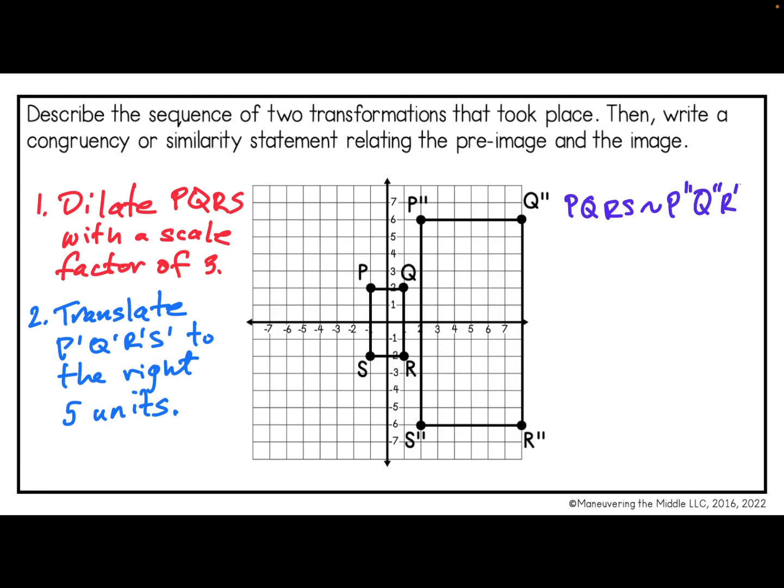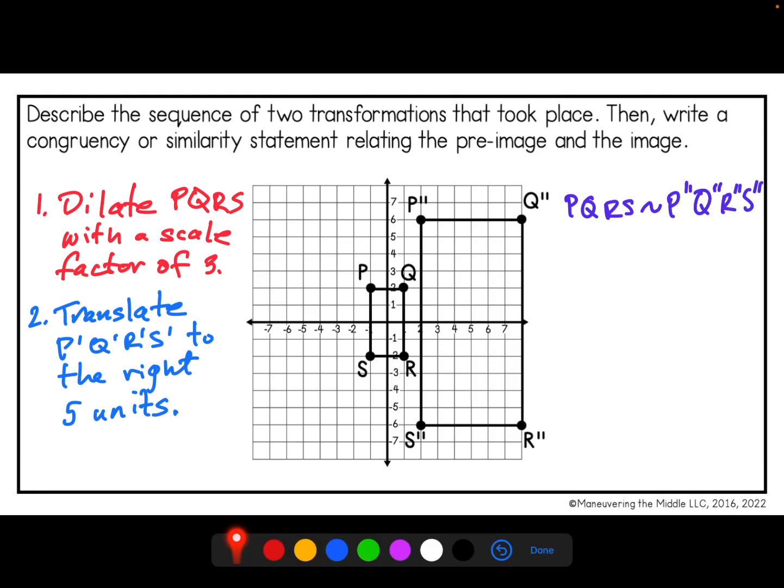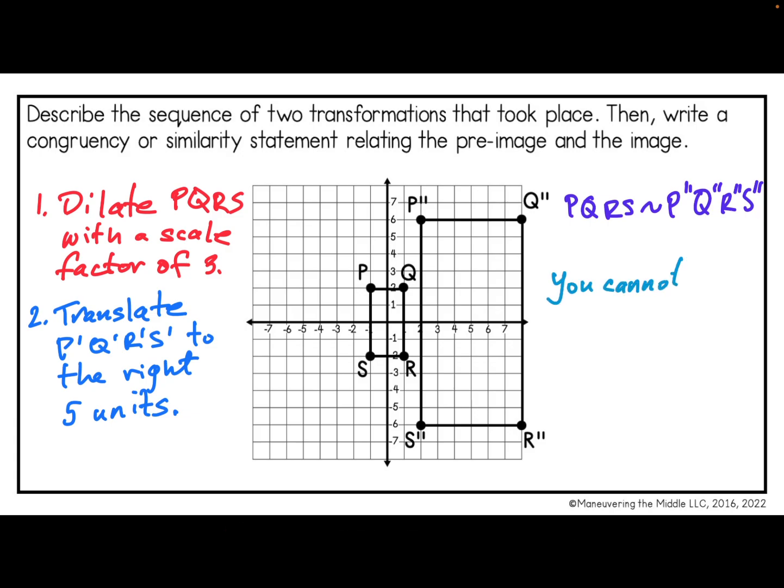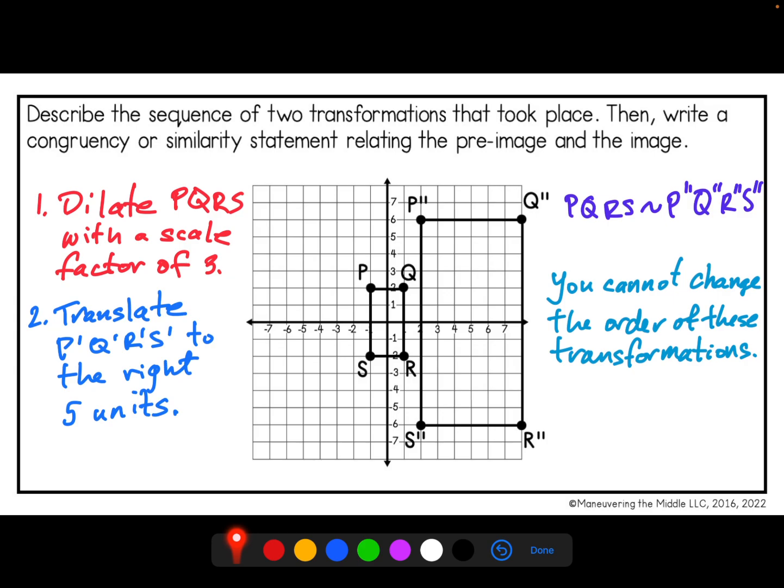PQRS is similar to P double prime, Q double prime, R double prime, S double prime. Now, because we are dilating, and dilations always occur around the origin, we cannot interchange these two transformations. The dilation must come first.